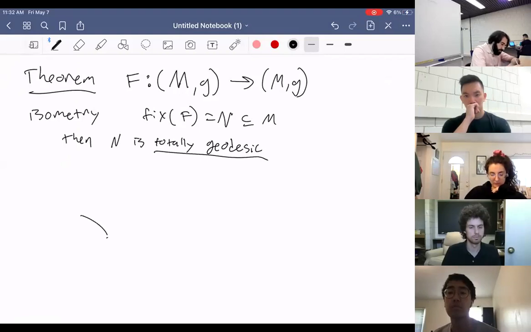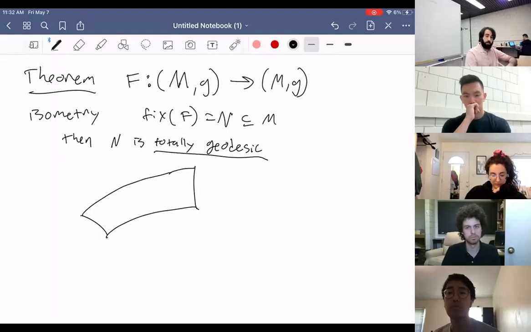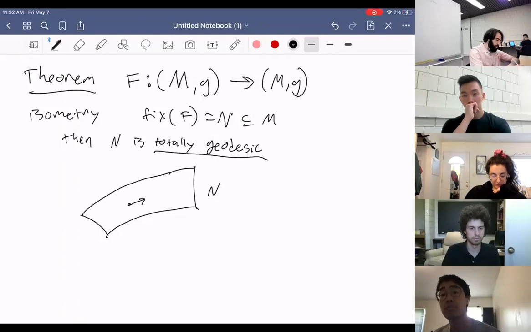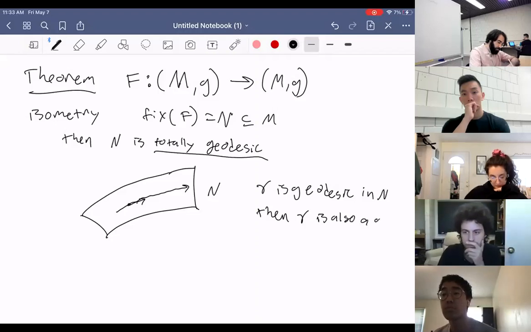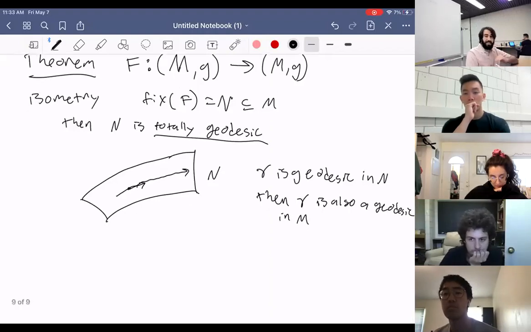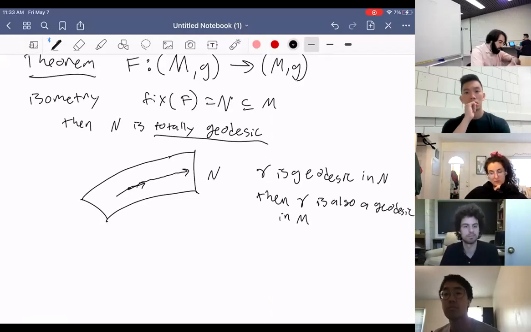What this means is that if you have a totally geodesic submanifold, then at every point in your submanifold, if you pick any direction in the tangent space of that submanifold, if you have a geodesic in the ambient space that is tangent to this surface, it's going to stay entirely inside of N. Or in other words, if gamma is a geodesic in N, then gamma is also a geodesic in M. Or lastly, geodesics never leave the submanifold N.